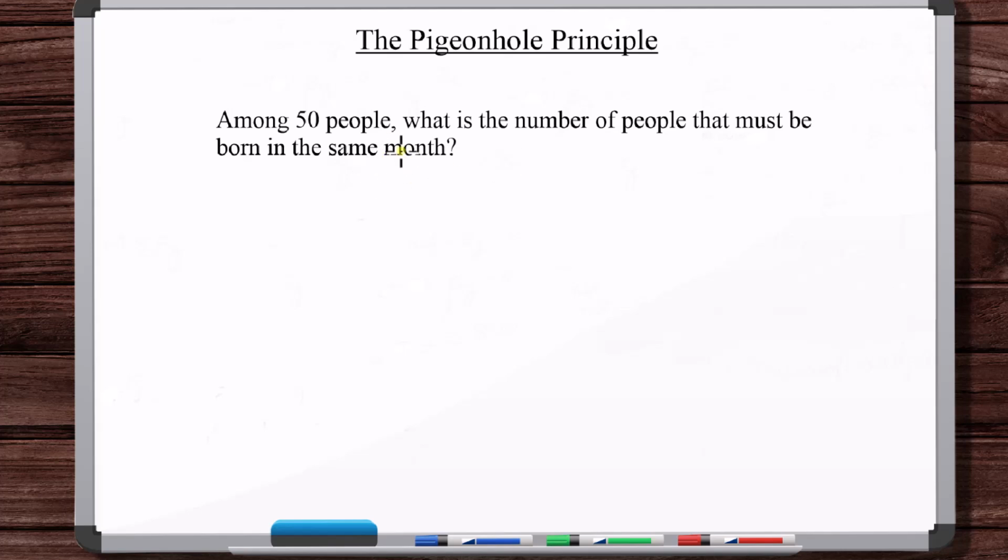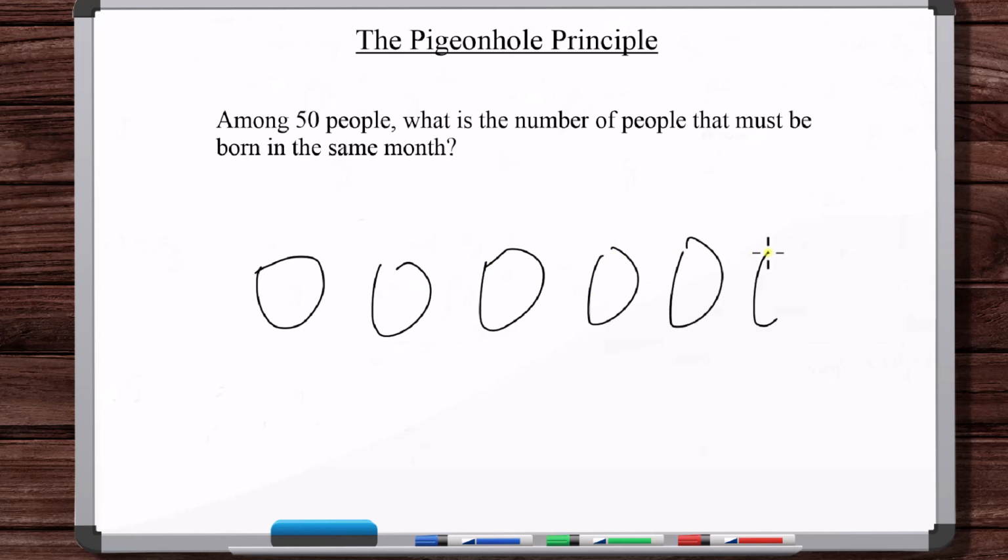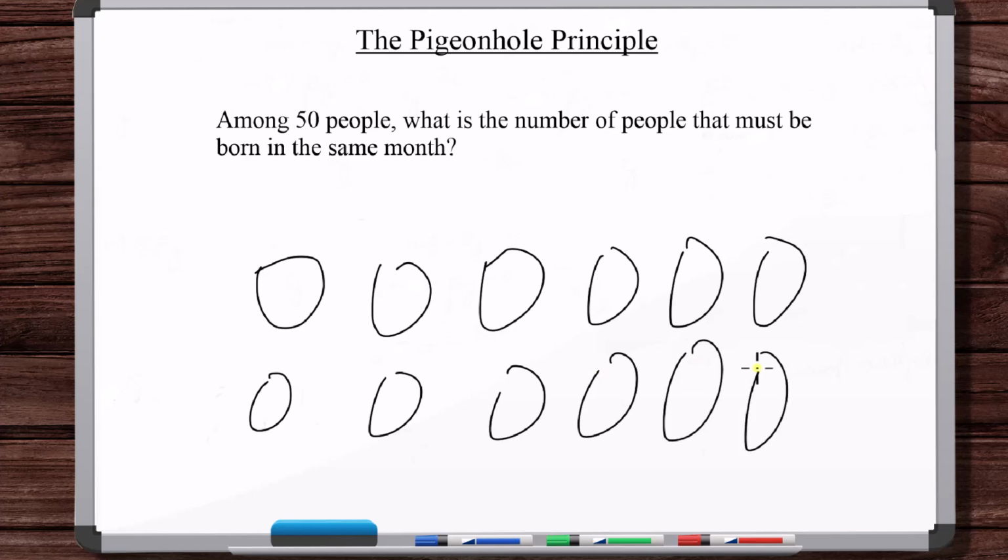Okay, and so what we've got here is it looks like the pigeonholes are the months. There's 12 months in a year, right? And the pigeons are the people. So it could be the case that all 50 pigeons go into January, possibly, right?